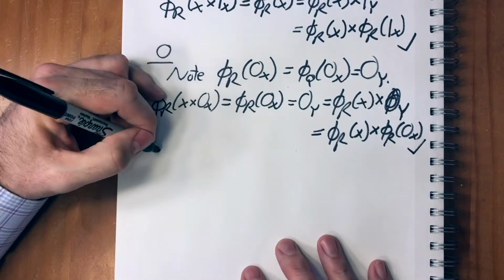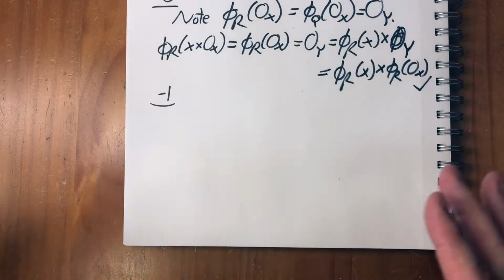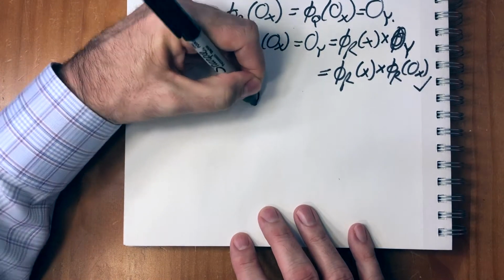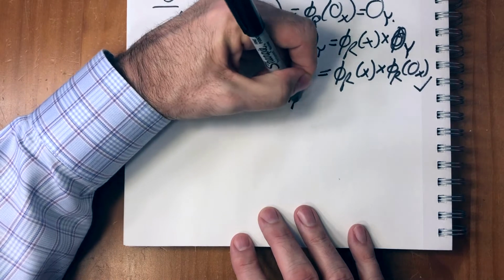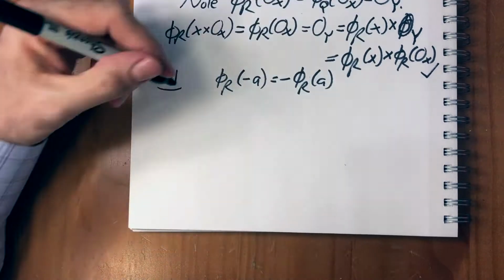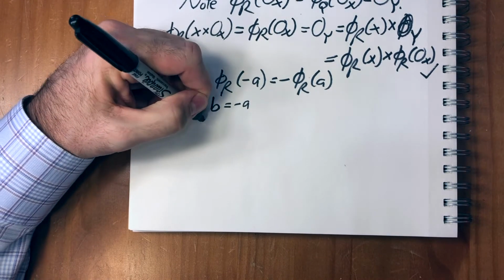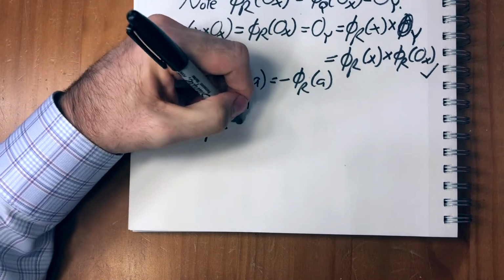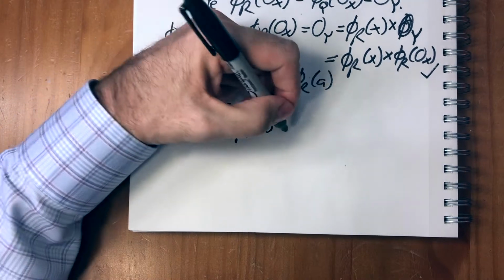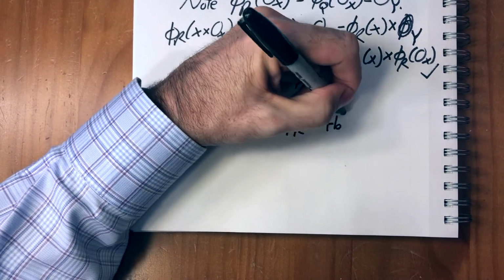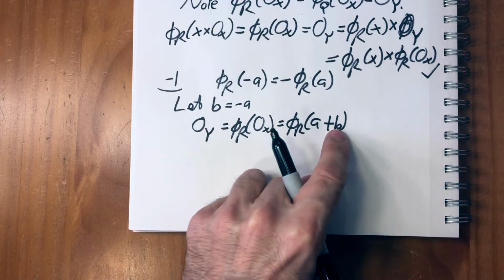That's that. And now finally negative 1. So what we need to show is that phi r of minus a equals minus phi r of a. So let b equal minus a. Since phi r is additive, we have that 0y equals phi r of 0 in x equals phi r of a plus b, right? Because b is minus a, so a minus a is 0.